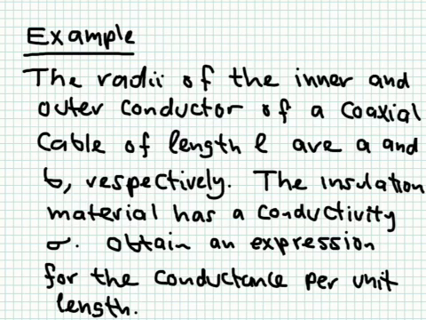If you have a perfect insulator, it should have zero conductivity. It should not conduct any current if an electric field is applied. But because in reality there is always some conductivity, even though it is low, we would like to find the conductance per unit length of this coaxial cable. And I will explain to you why we call it conductance, not resistance.